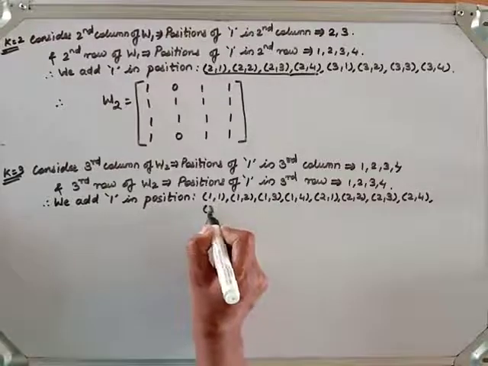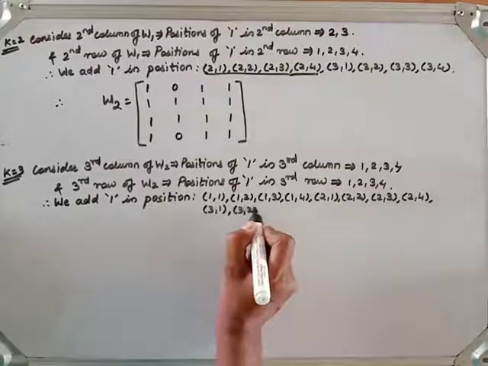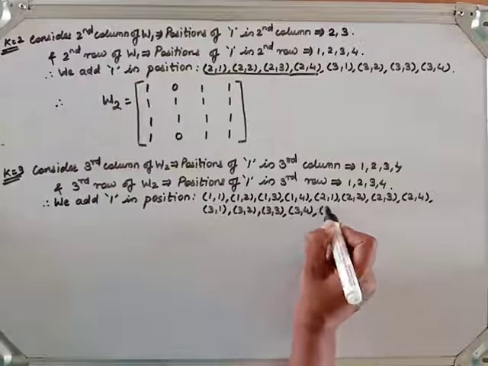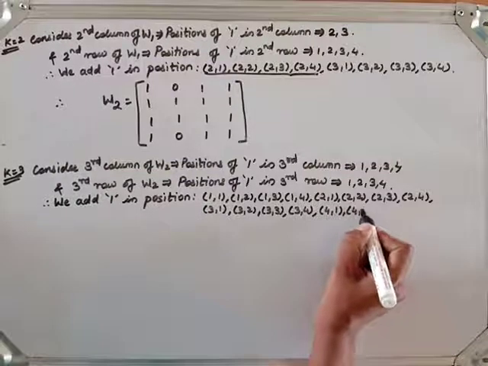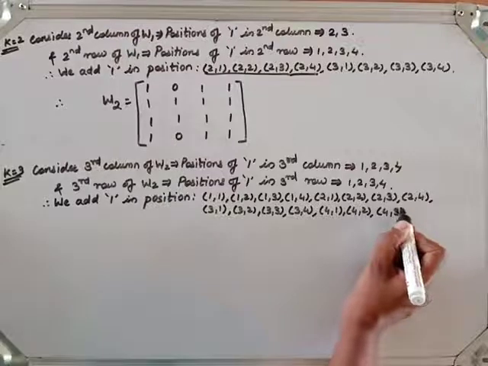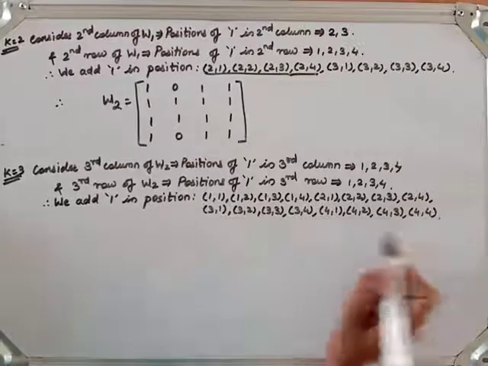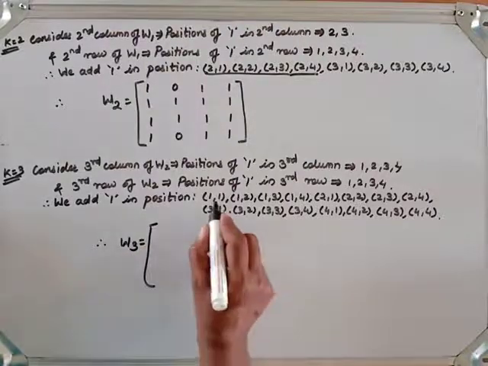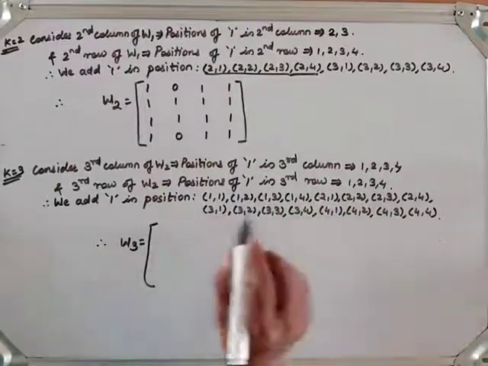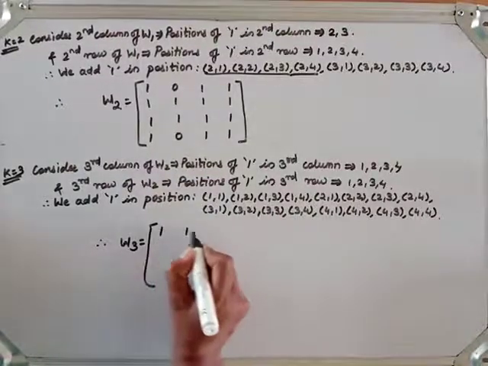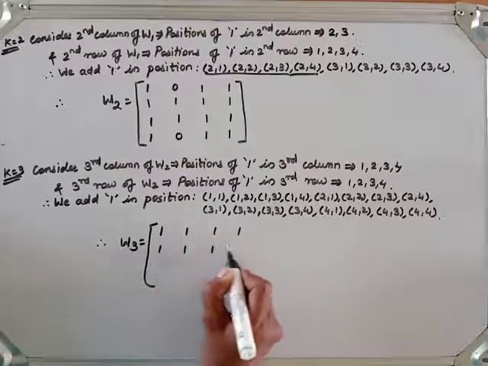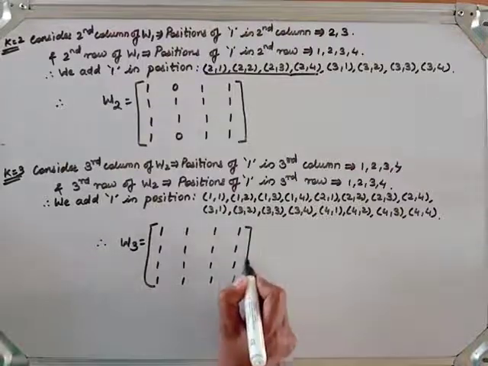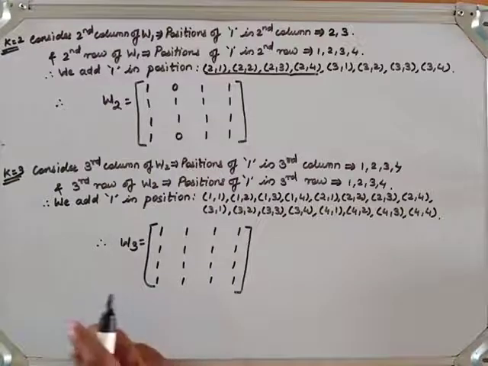Again 3 1, 3 2, 3 3, 3 4, 4 1, 4 2, 4 3 and 4 4. Therefore we get W3 is, now this is nothing but all pairs in A cross A. So everywhere we get 1 here. At each and every position we get 1. So here W3 is this 1, 1, 1, 1 and whole 1.